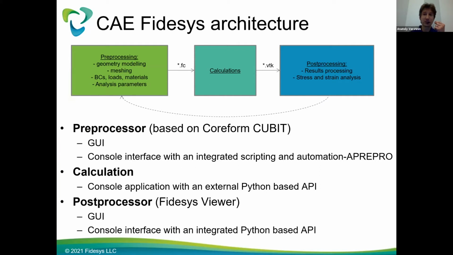As I said, we have chosen Cubit as the preprocessor for Fidesis, and Fidesis consists of three major modules: preprocessor, postprocessor, and the solver, which performs calculations in the Fidesis kernels.